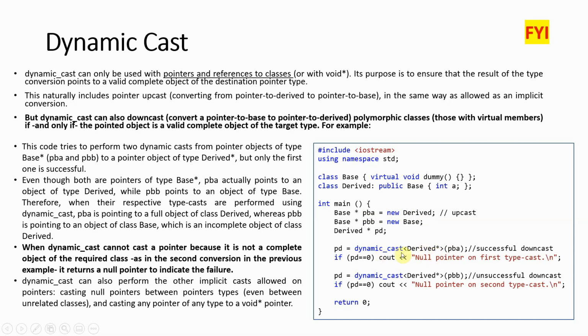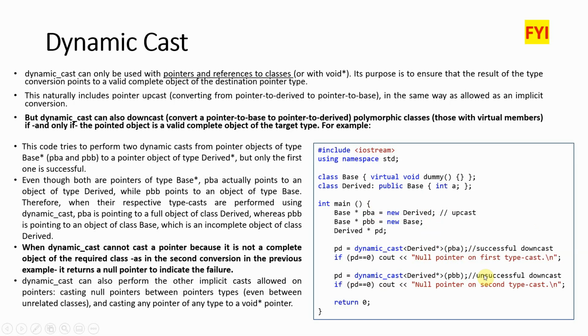This is possible, right? Because PBA is originally pointing to a derived object. This is called downcasting, right? You're casting a base pointer as a derived pointer. This is a Base star. It's casted as a Derived star. This was only possible because PBA is already pointing to a derived object.